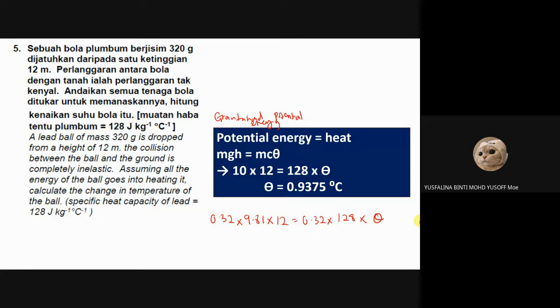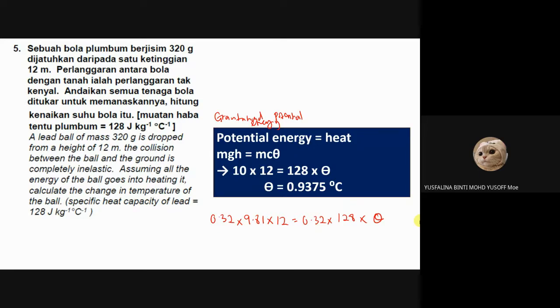Yeah, I got 9.81 times 12, so I got 37.67. Then 0.32 times 128, and 37.67 divided by that answer. I got 0.9196, so I got 0.92.